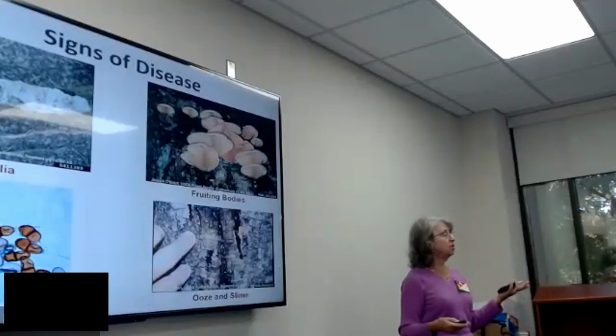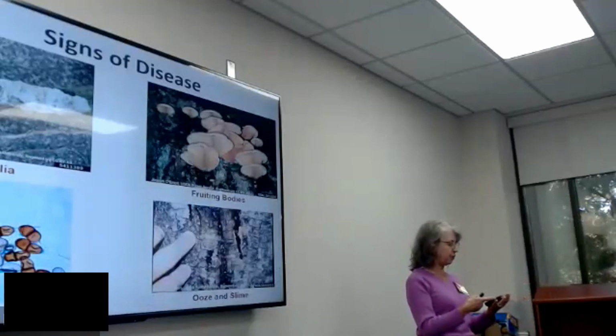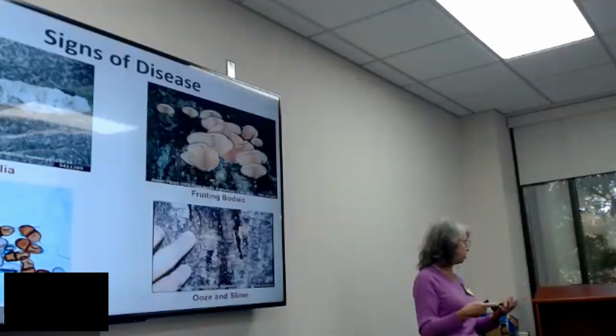I just want to mention there are some other types of organisms you haven't heard about, such as, well, nematodes were mentioned. Nematodes are another. There are things called mycoplasmas, which are smaller than bacteria, but larger than viruses. There are plasmodia. There are viroids, which are even smaller than regular viruses.